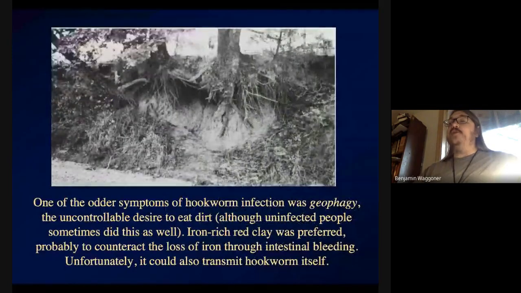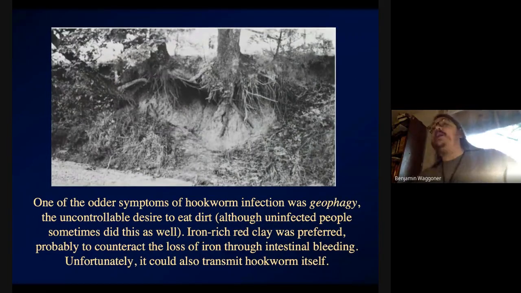One of the odder symptoms of hookworm infection was the uncontrollable desire to eat dirt. This is actually a picture of an old road somewhere in the American South. I forget where. And there's this dugout spot under the roots of a tree. And it's dug out because this is where the local people would come to swallow the local dirt.